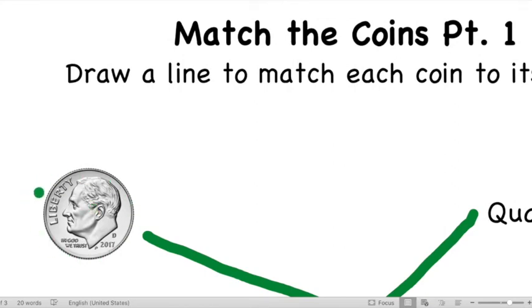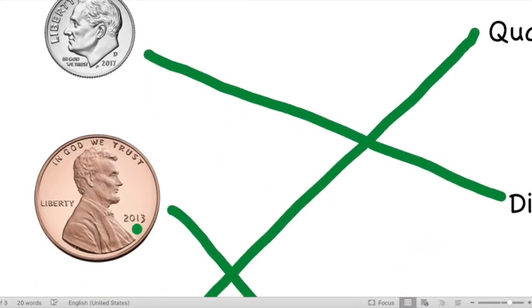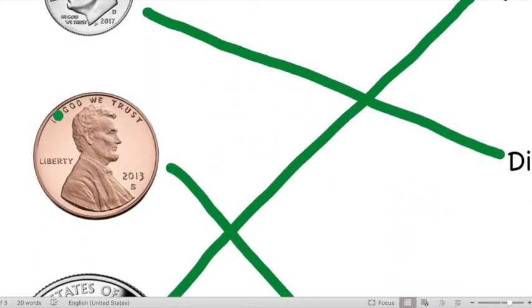Okay, what is this coin right here called? Can you say dime? Dime? Good. What about this one? What is this coin called? Can you say penny? Penny?